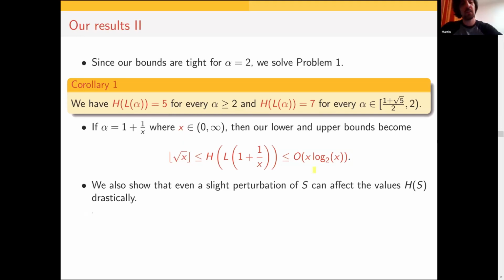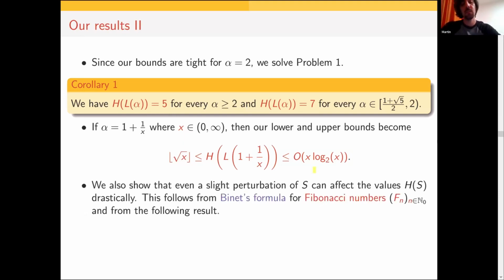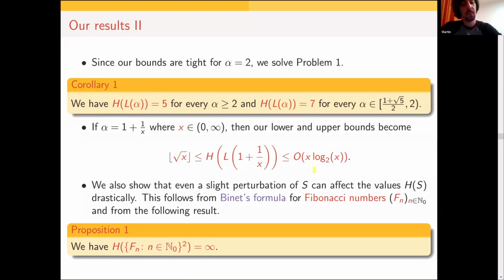So this follows from Binet's formula, which is a closed form formula for the Fibonacci numbers, and from the following result that we obtained. It is a rather simple proposition, which says that the Helly numbers of product sets where the coordinates are determined by Fibonacci numbers are infinite.